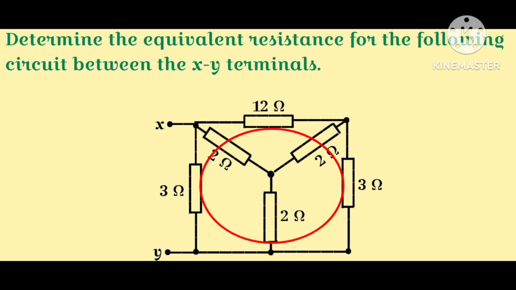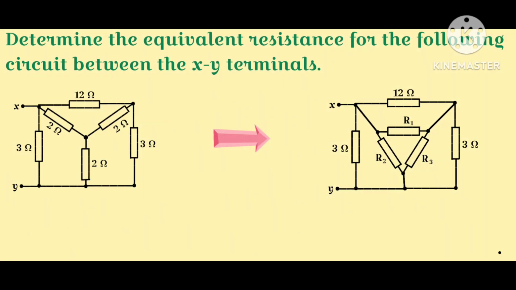This star connection in the circuit leads to complication. Let's replace this star connection with the equivalent delta connection, keeping all other resistors intact. The circuit containing the equivalent delta connection is given to the right of the original circuit.